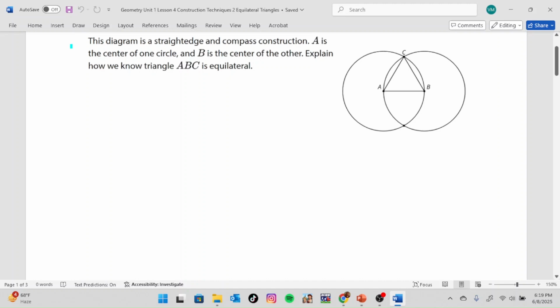Now we can begin the practice problems for Unit 1, Lesson 4. This diagram is a straight edge and compass construction. Point A is the center of the circle on the left. So I'm going to highlight this in blue.